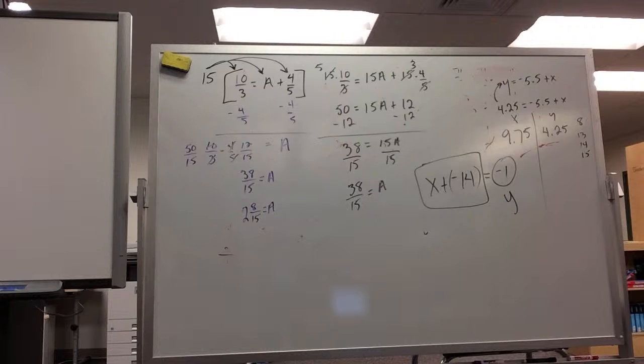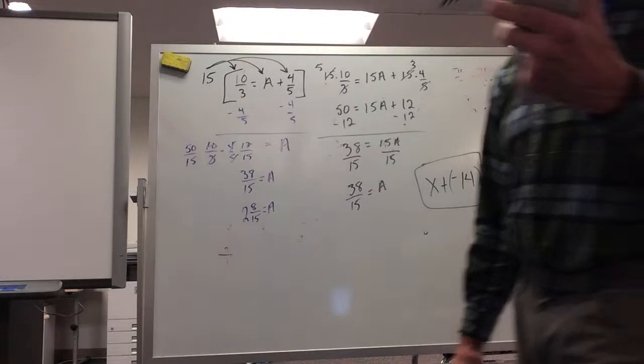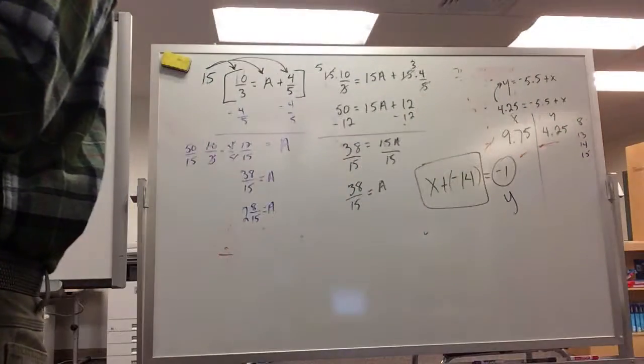What those two things mean is your table is going to start with x equal to 1, and the x values are going to jump by 1s.